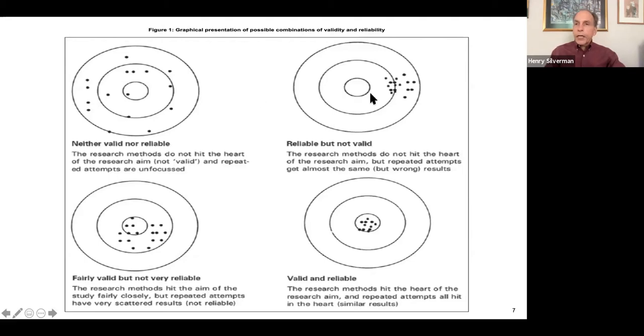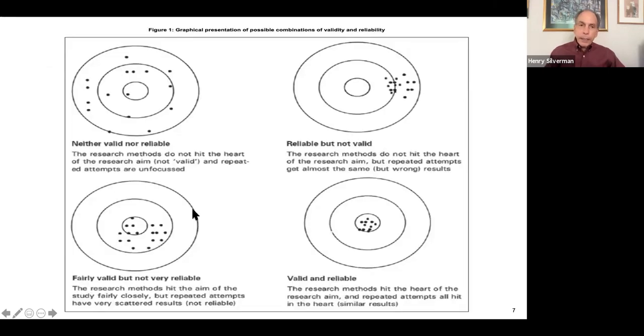Whereas on the diagram on the top right, you're not hitting the target at all. So your questionnaire is not valid, but you're getting consistent responses, but it's really the wrong responses that you want because it's not valid. So again, this diagram shows really good reliability, but no validity.